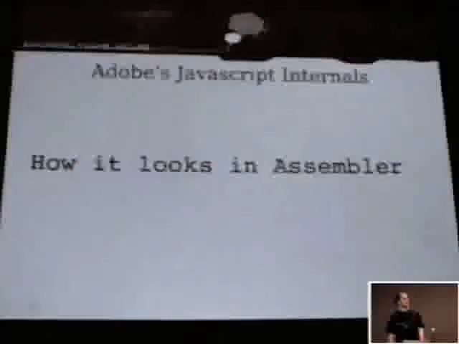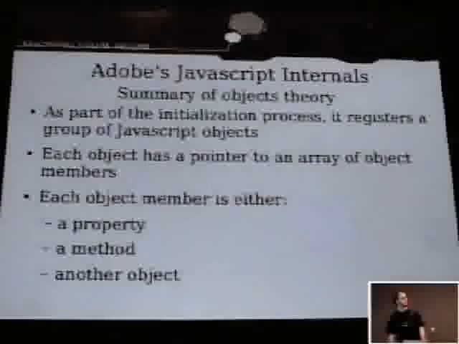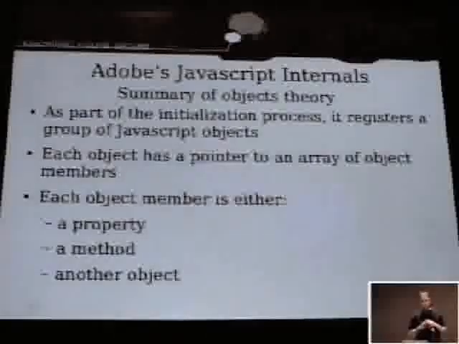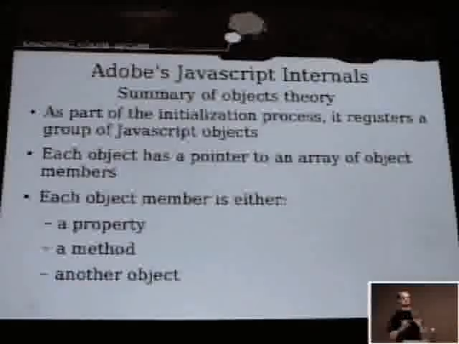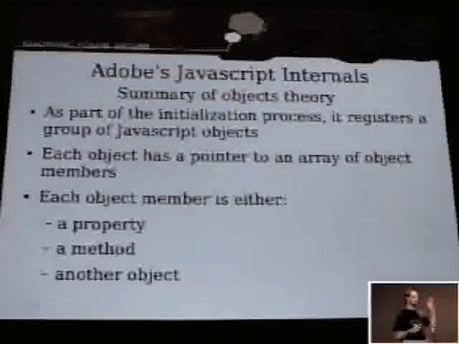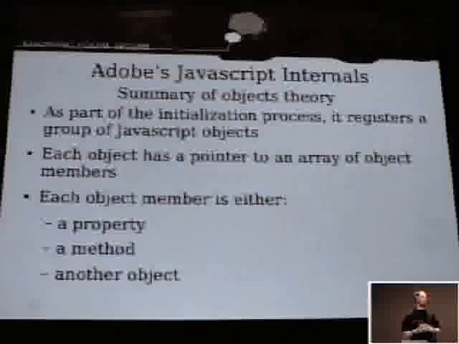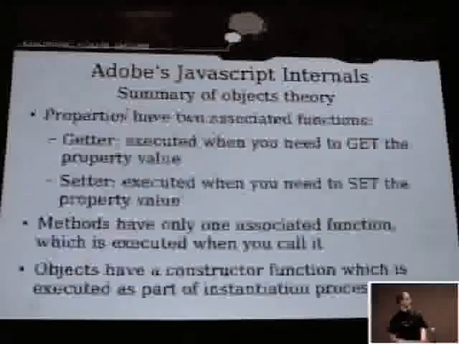So, some examples. As part of the initialization process, Adobe Acrobat Reader registers a series of JavaScript objects. These JavaScript objects are just containers for different properties and methods or many other objects.